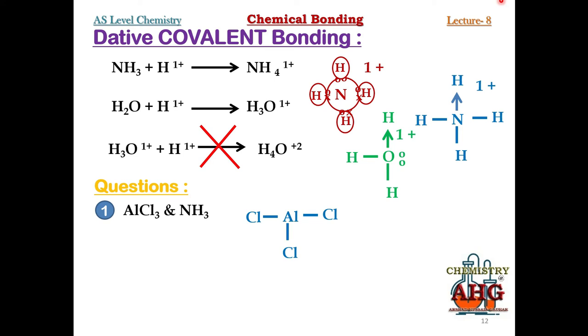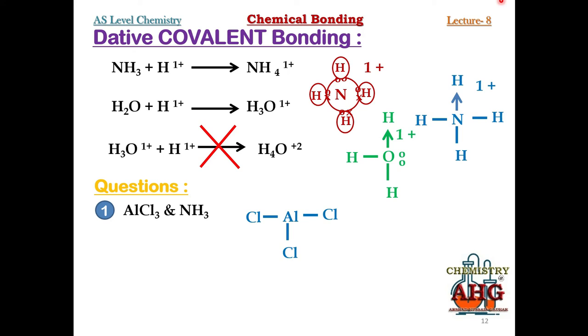Whenever an atom is electron deficient, it can act as acceptor for dative bond formation. In this molecule, aluminum is electron deficient because its octet is not completed. But each of the 3 chlorine atoms has 3 lone pairs. So chlorine can act as electron donor, but aluminum will act as electron acceptor.